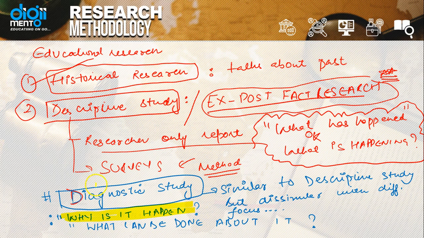In the descriptive study, the questions are like, what has happened and what is happening nowadays. In the diagnostic study, these questions are also there, but after that some more questions arise, like why did it happen and what can be done about it. It aims at identifying the cause of the problem and gives possible solutions.